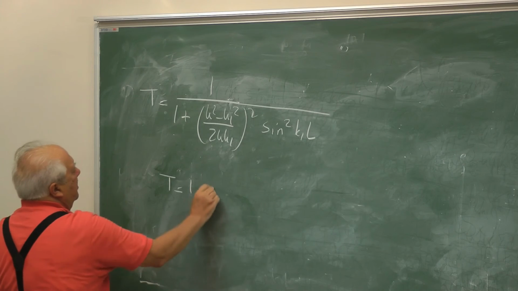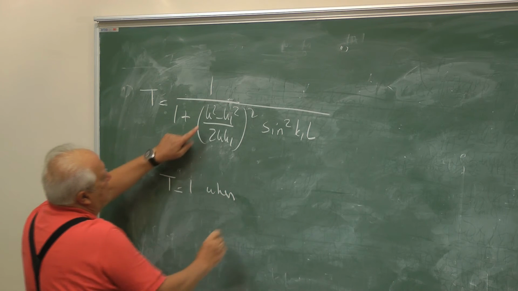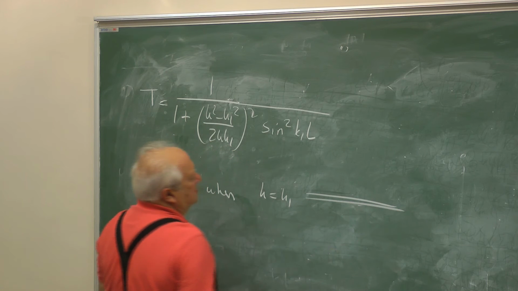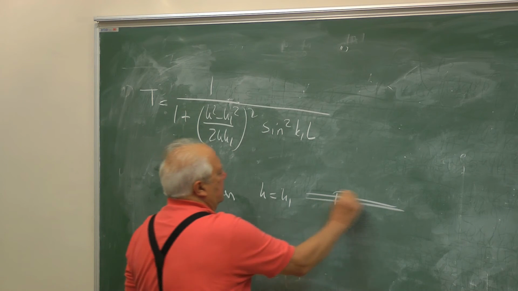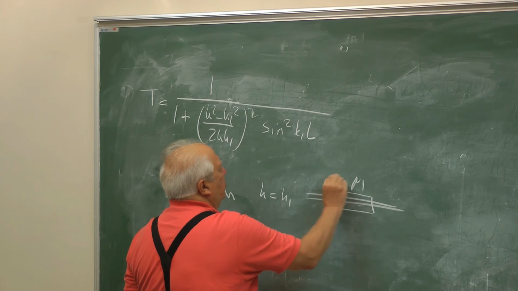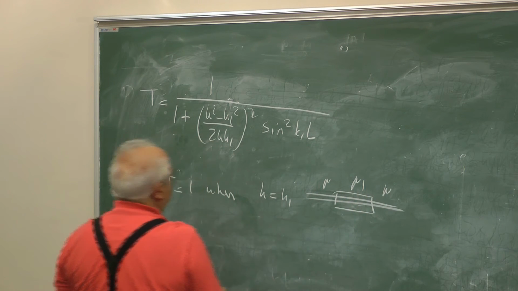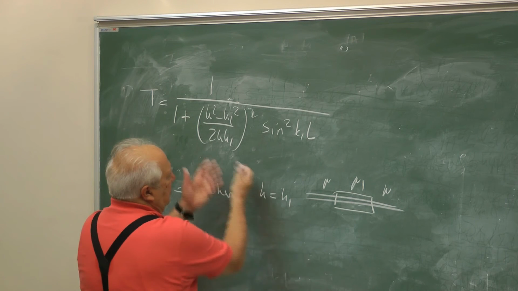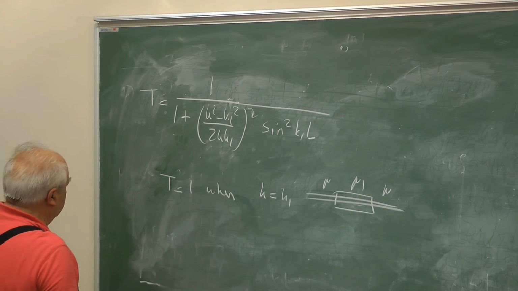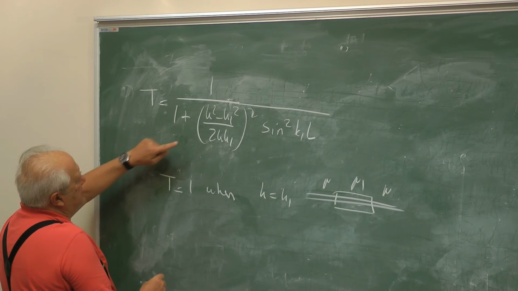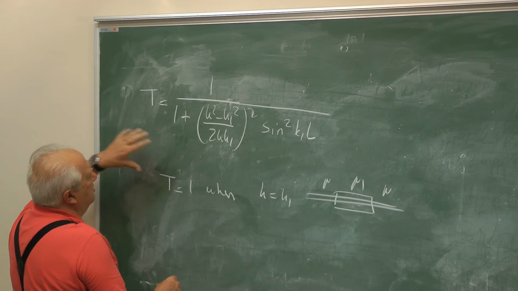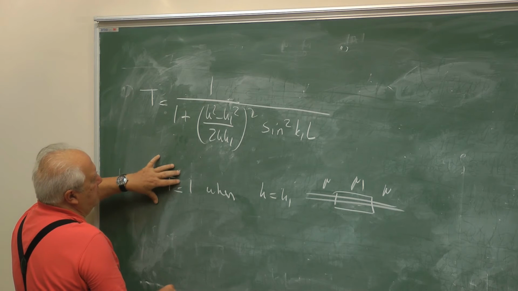T equals 1 when, well, if k is equal to k1. But that's the trivial thing, there is no intermediary mu1, mu. That's the trivial solution. So it's a good thing that our mathematics gives us that result. But beyond that, T is equal to 1 and the reflection coefficient is 0.